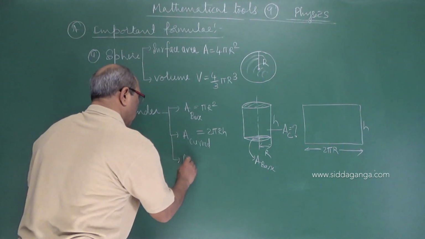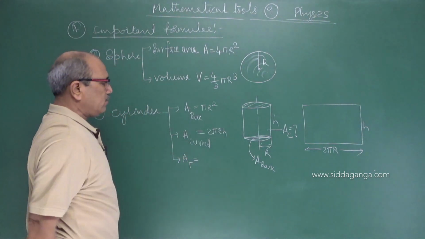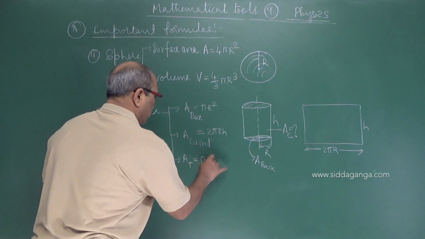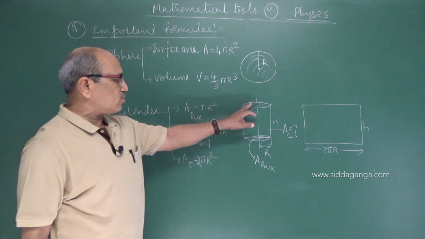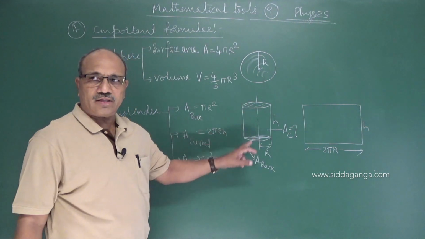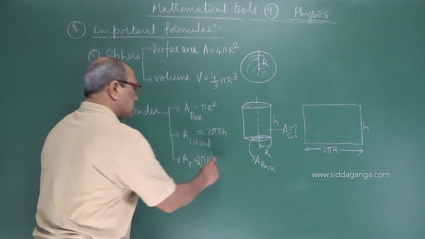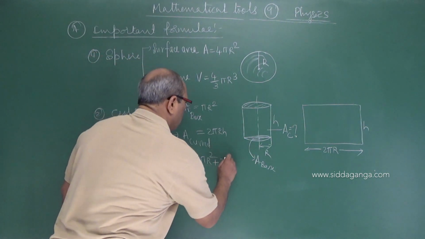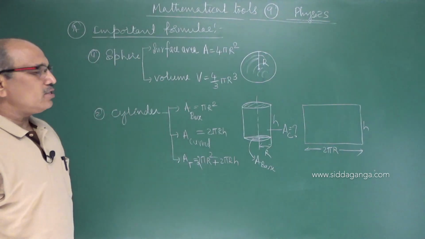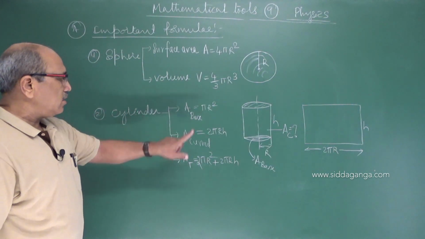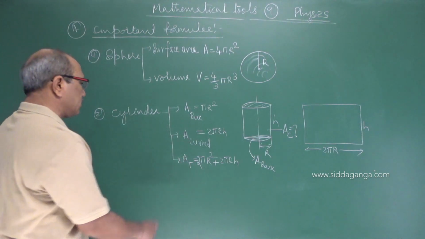Thereby the total area of the cylinder, if you require, is the sum of the two, pi r square twice. Why multiplied by 2? Because top and bottom, two surfaces, are there. Plus 2 pi r into h. This gives you the total area, base area and area of the curved surface.